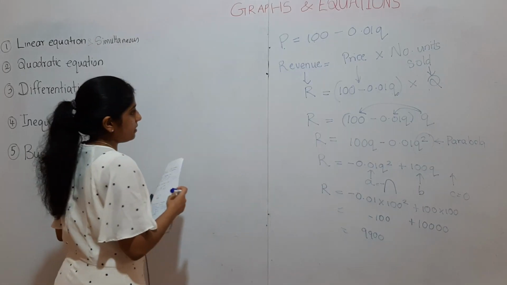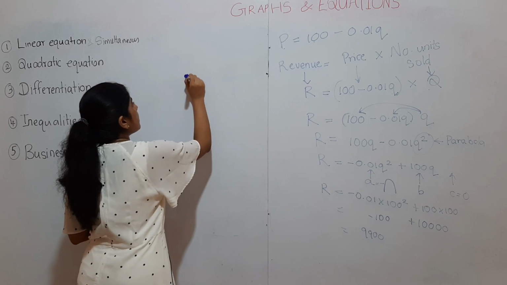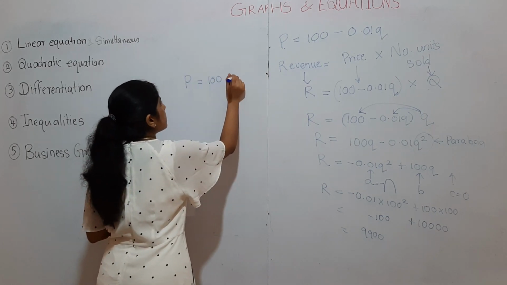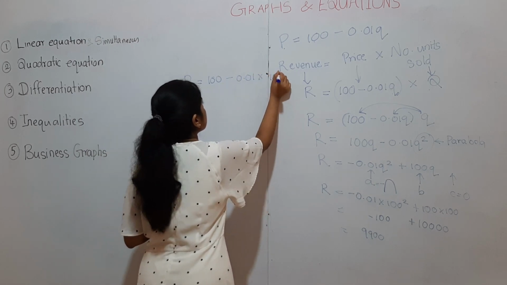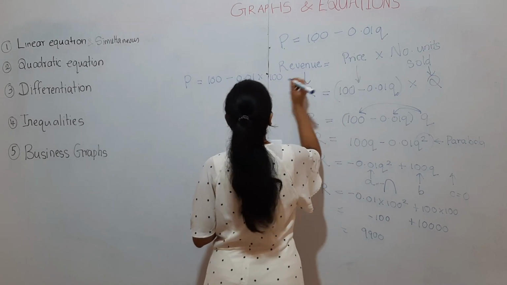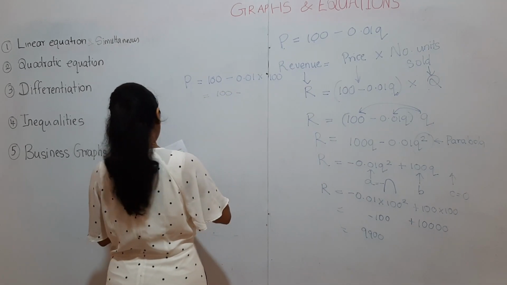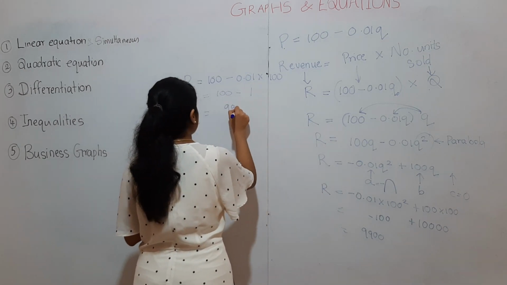Another way to find it is, you know the price. You can first find the price for 100 units. That is 0.01 multiplied by 100, because Q is given here. In that case, you get 100 minus 1, so the price is 99.